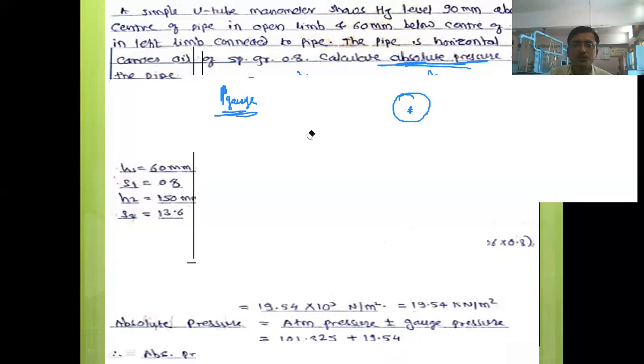Either use the screen to draw the diagram or draw it in your notebook and then show it on the screen by starting your camera. Yes. Anyone want to draw the diagram?